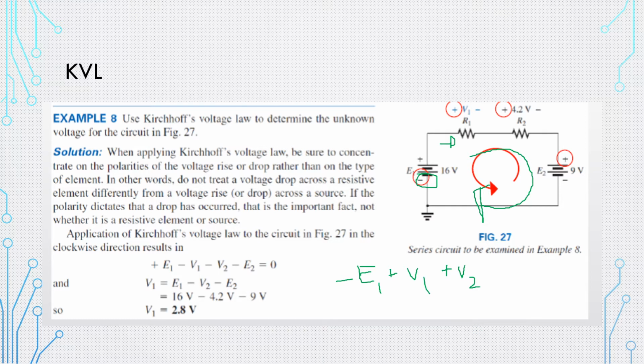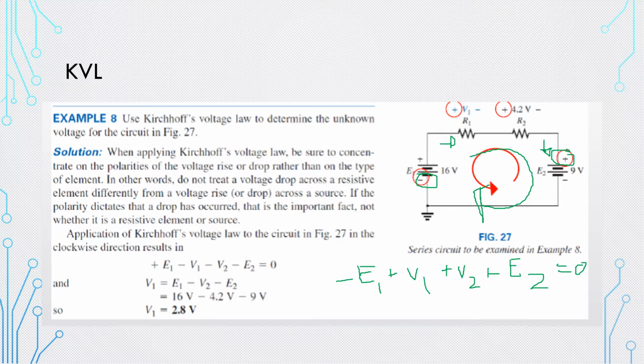And for the third element, it sees positive, since the arrow is gonna be like this, so you're gonna write positive E2, and the summation of all this voltage is 0.